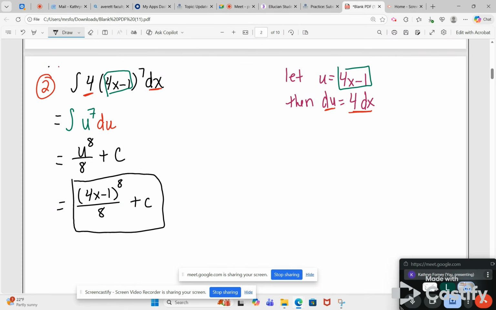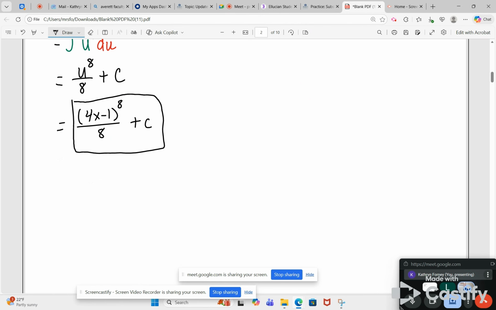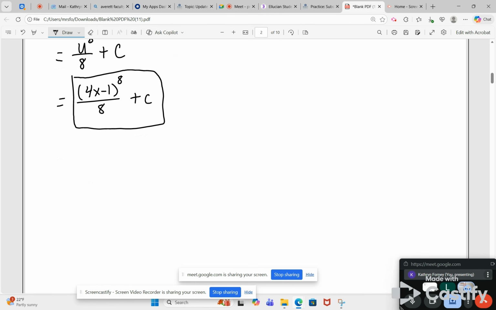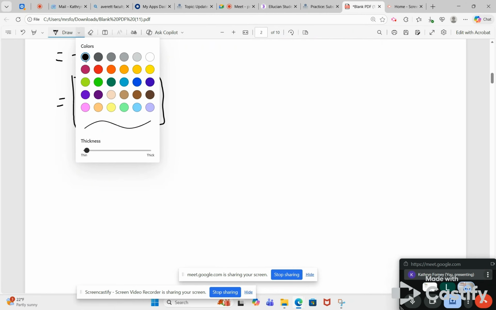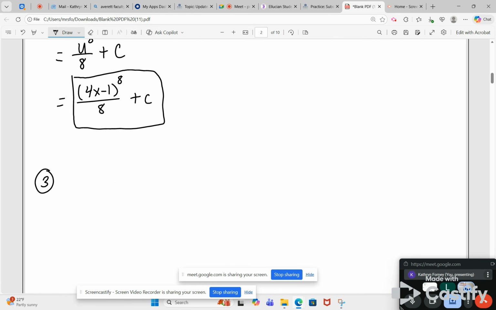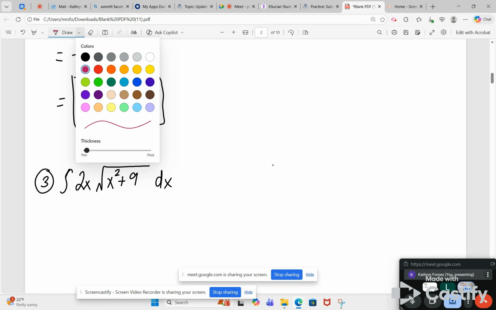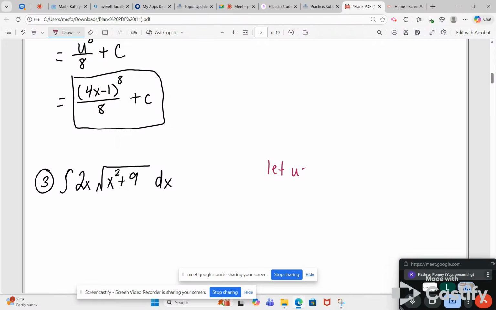Okay. So let's look at one. All right. Let's say we have the integral of 2x times the square root of x squared plus 9 dx. So at this point, what would you say your u is?